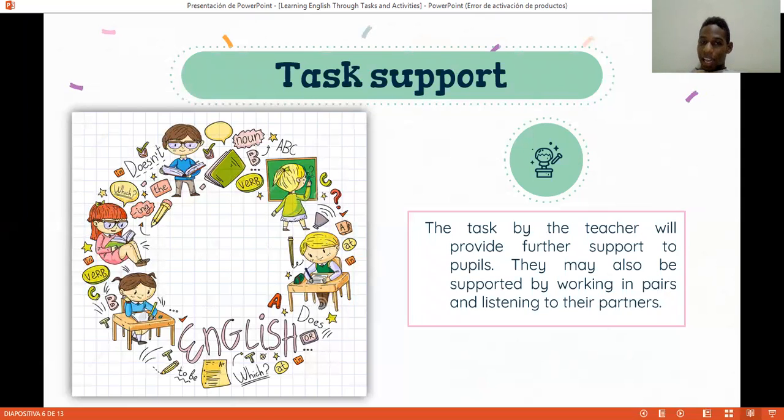Then we have task support. The task set by the teacher will provide further support to pupils. They may also be supported by working in pairs and listening to their partner. In this part, task support does not always have to come from the teacher. Our students, their classmates, also will give them a lot of support.